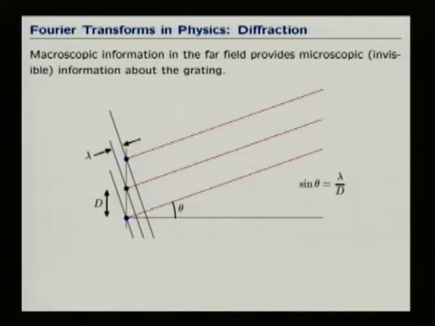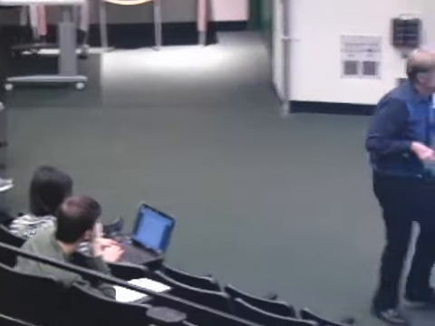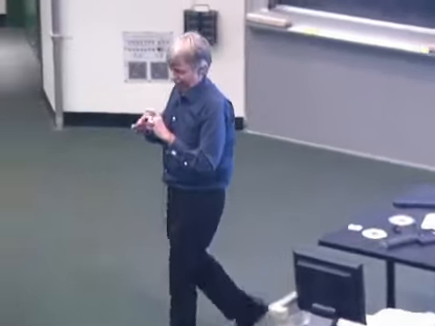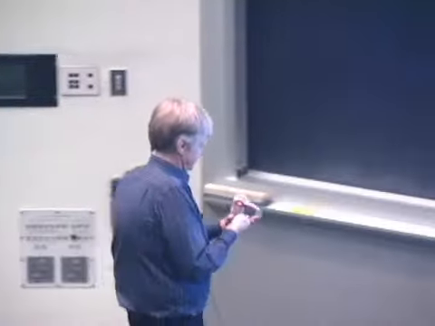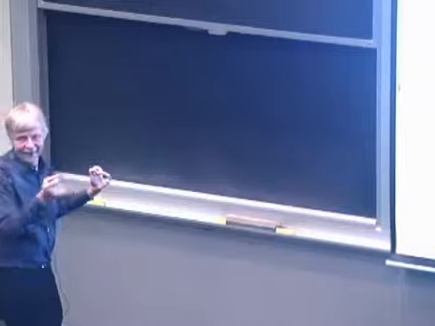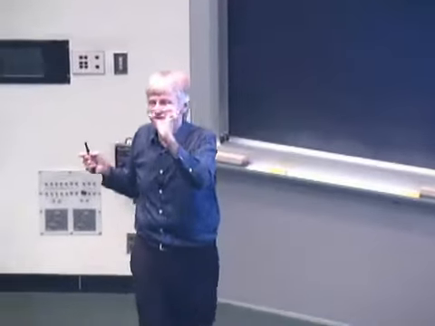Okay, you can do more interesting things, right? That's kind of the most degenerate case because that's 1D. So here's a fancier grating from my lab, which has the property that if I shine the light through it, I get more dots. Okay, so what's inside this?